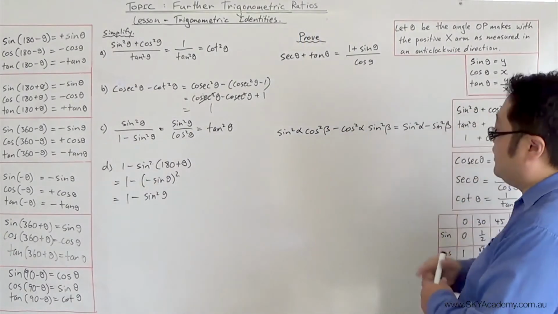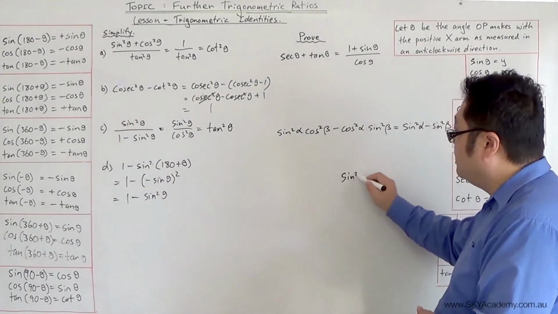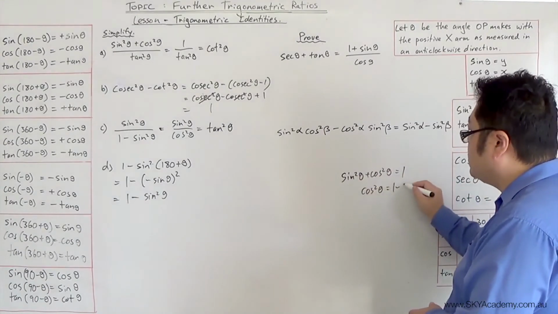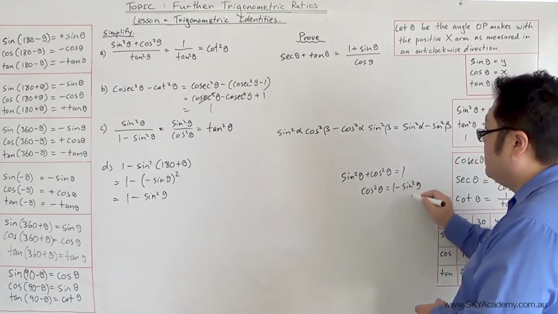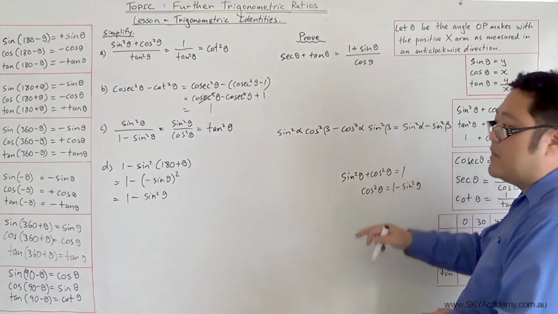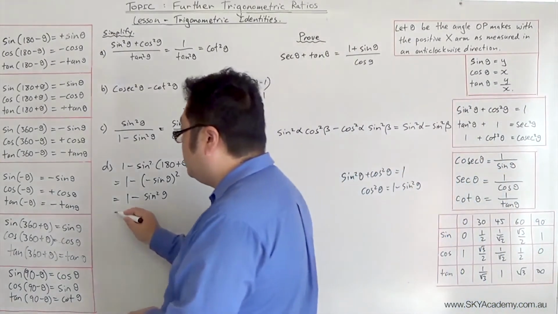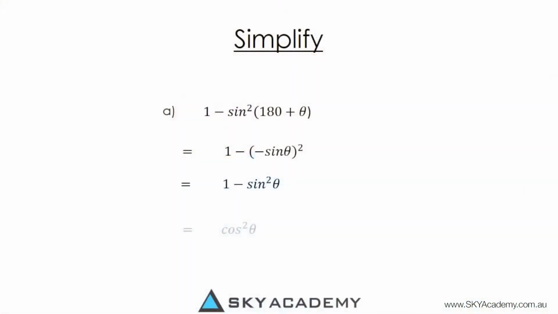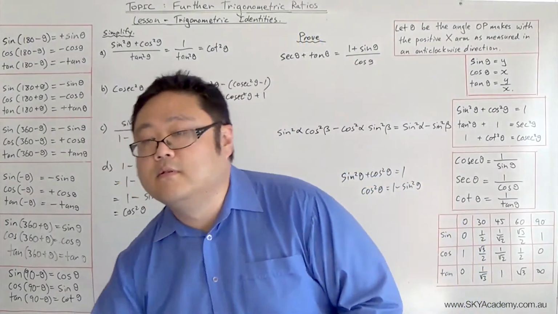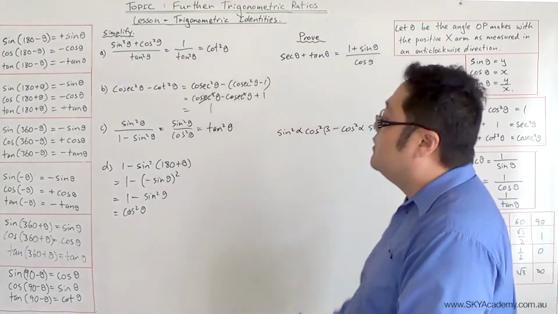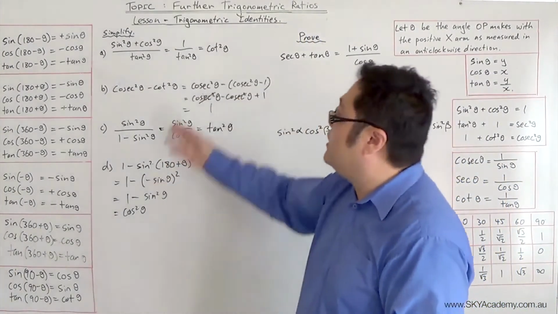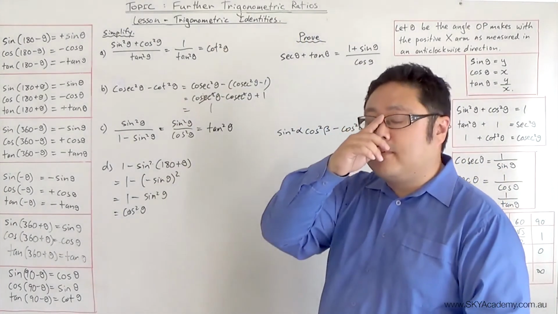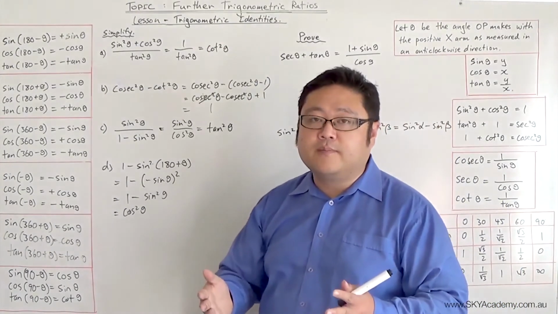Which over here we worked out before, is equal to 1 minus cosine squared theta. Does that make sense? So that's how you do the sort of questions that require you to simplify trigonometric expressions.